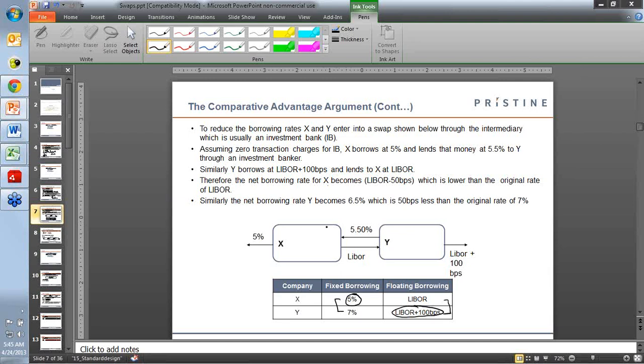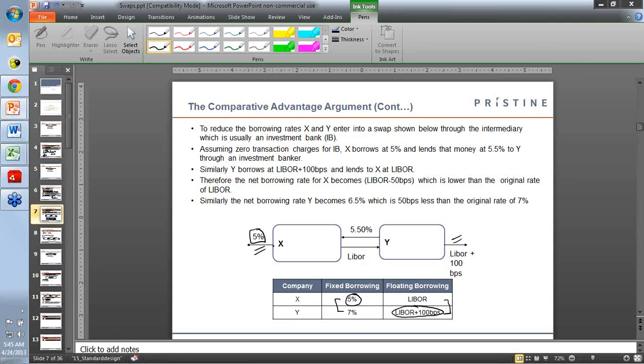So what happens here is X will take a loan at 5%. This means that X is paying interest at 5%, and Y will take a loan at LIBOR plus 100 BPS, that is LIBOR plus 1%. So Y is paying LIBOR plus 1%.